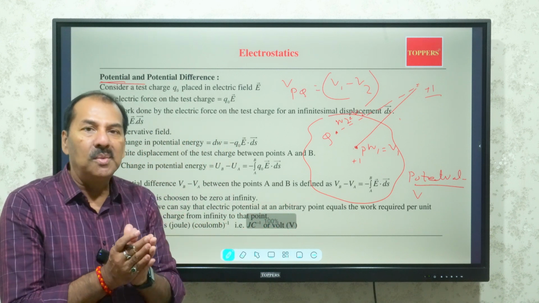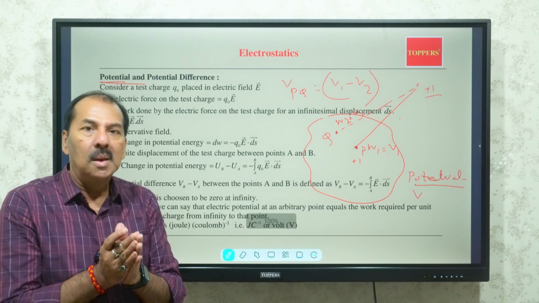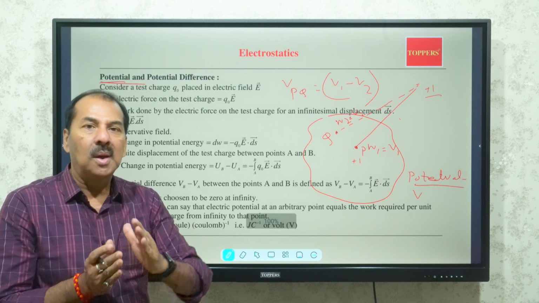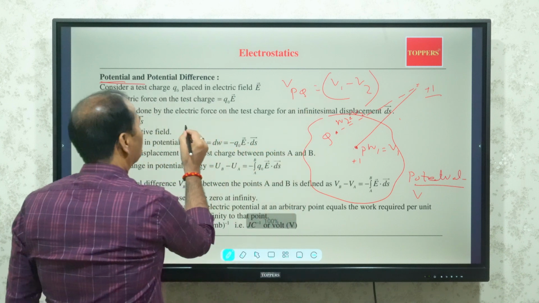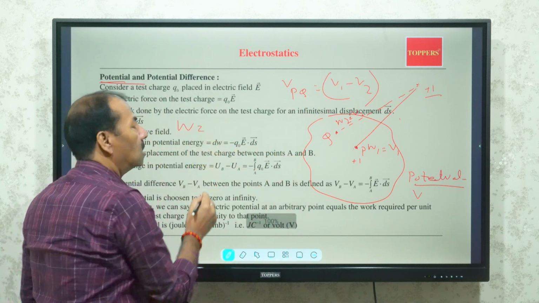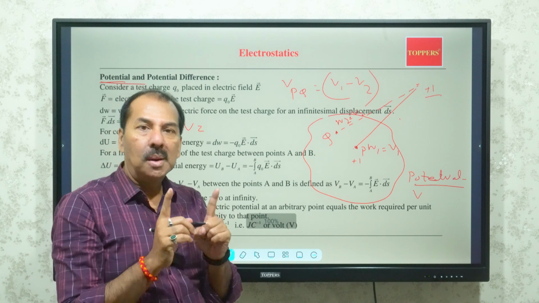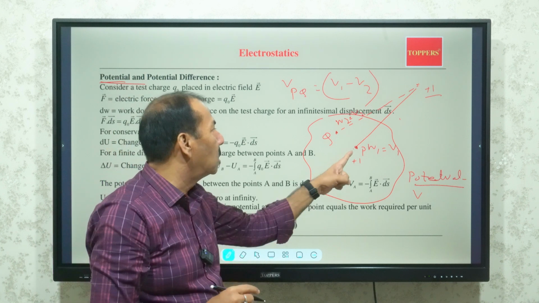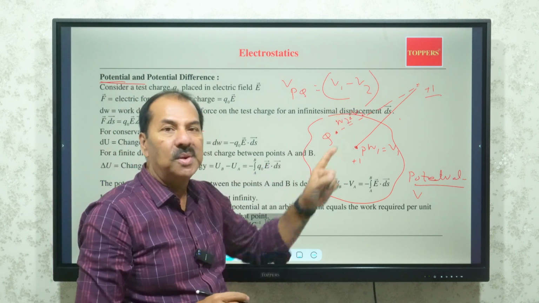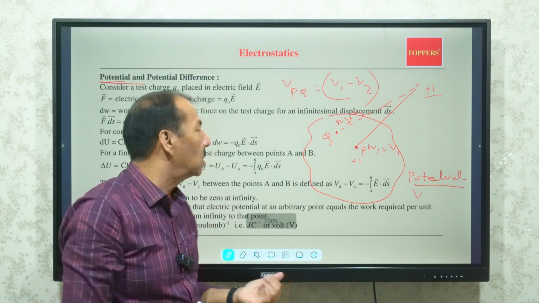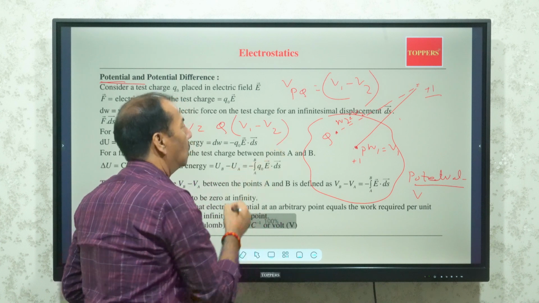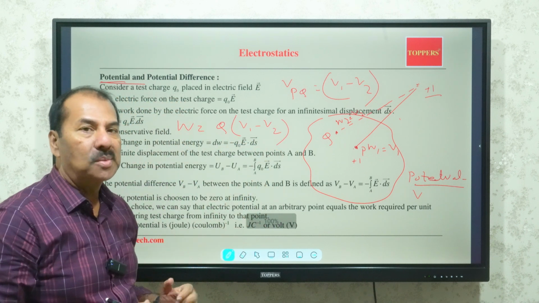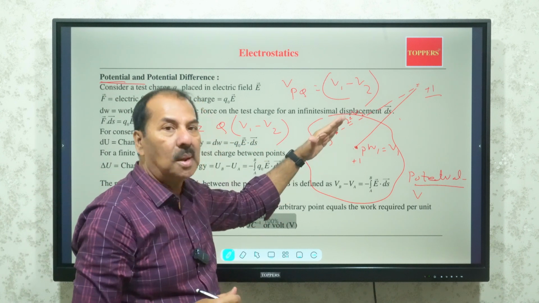So from here, can we say work done in carrying Q amount of charge from one point to another point, that becomes what? Work done in carrying unit amount of charge was V1 minus V2. So Q amount of charge, it will be equal to how much? Q into V1 minus V2 from one point to another point.